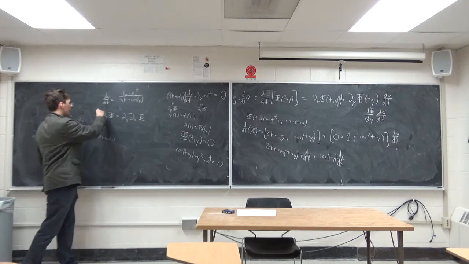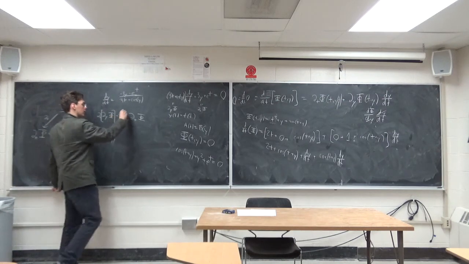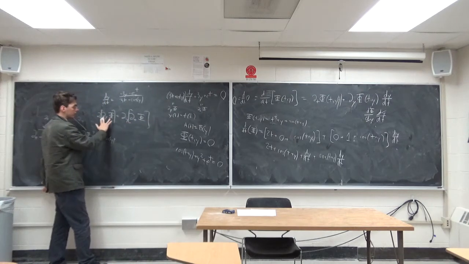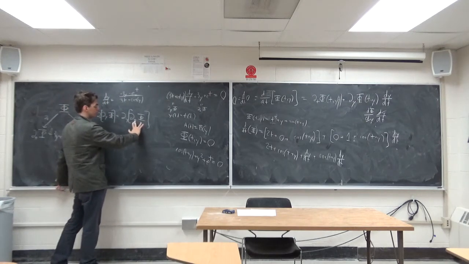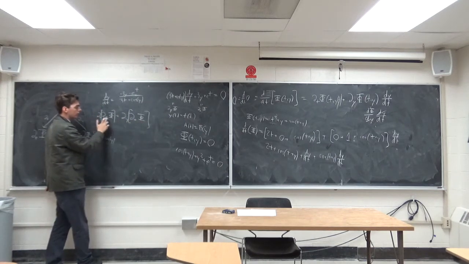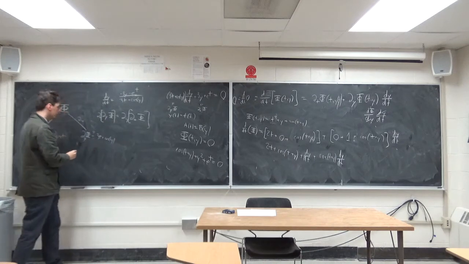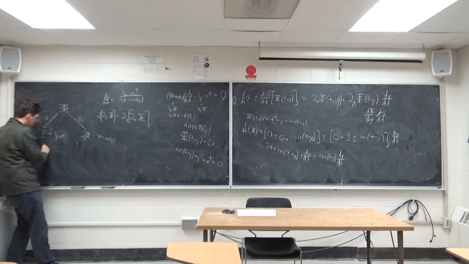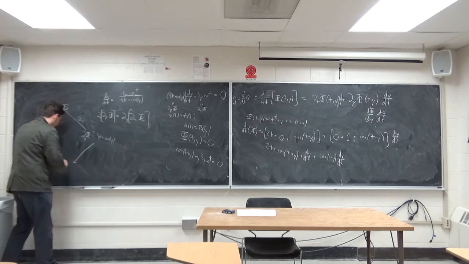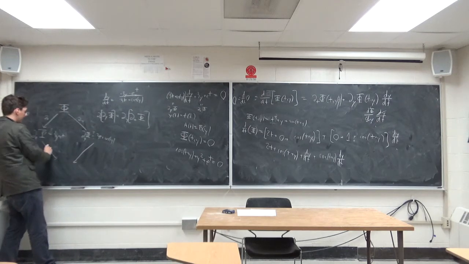So if I'm dealing with something here which is the y derivative of something, and something here which is the t derivative, then the y derivative of that and the t derivative of that will equal.